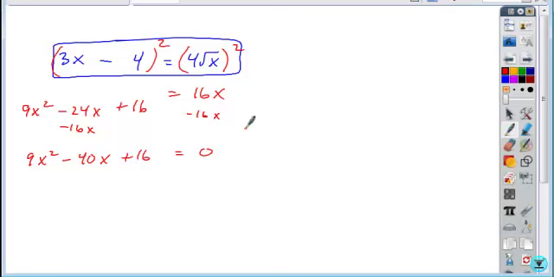But if we were going to test and see, can we rewrite the middle term? If we look, 9 times 16, 9 times 10 is 90, 9 times 6 is 54, 54 plus 90 is 144. So are there two factors of 144 whose sum is negative 40? Well, we know that they would both have to be negatives.